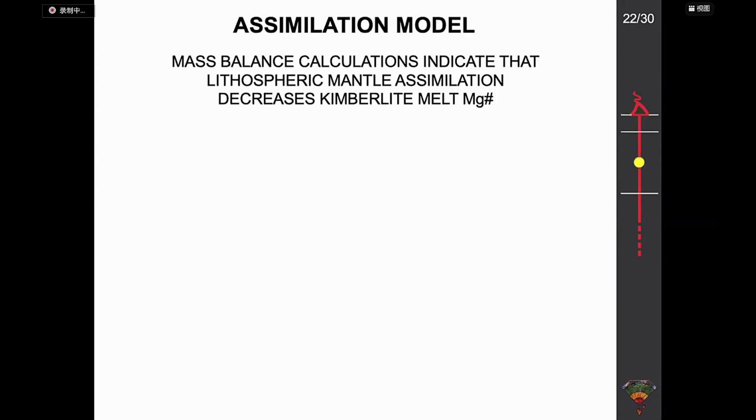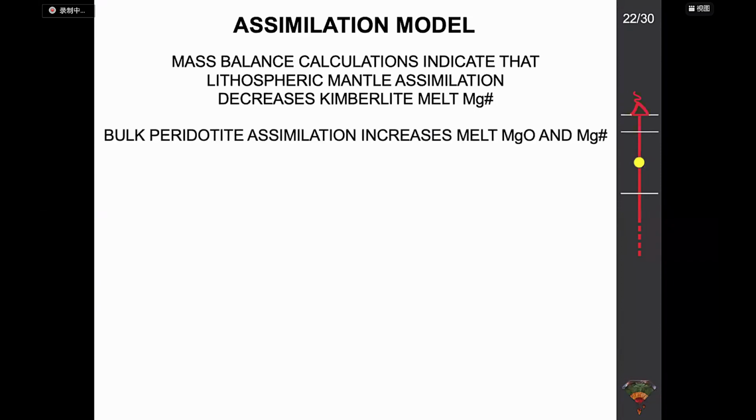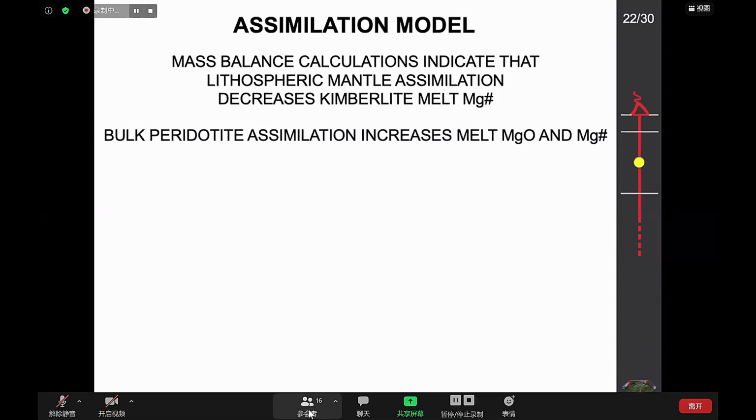What comes out from this exercise is that essentially all kimberlites, potentially with a couple of exceptions, have a lower magnesium number. All the kimberlite melts in equilibrium with olivine rims have a lower magnesium number than the primary melts. This implies that bulk assimilation of peridotitic material cannot be the process that is actually changing the kimberlite melt composition, because bulk peridotites have a magnesium number higher than 90.